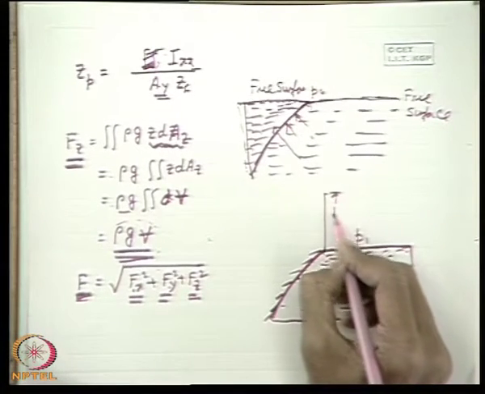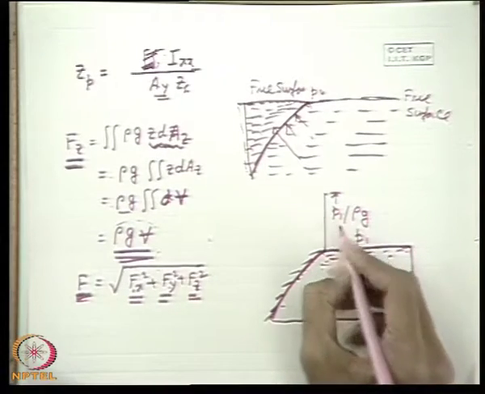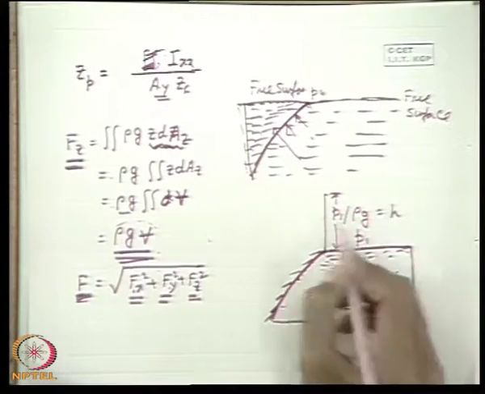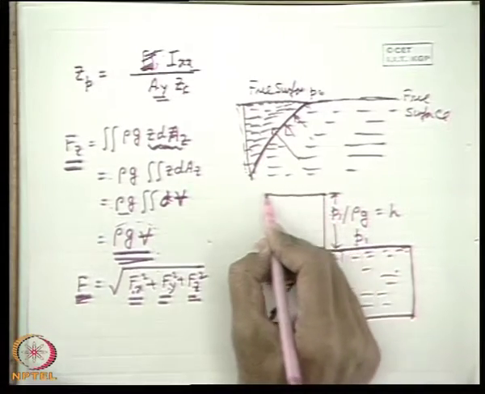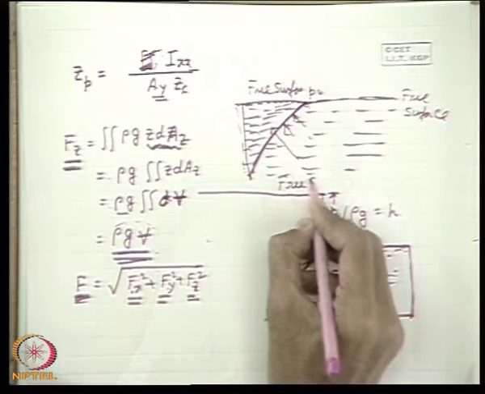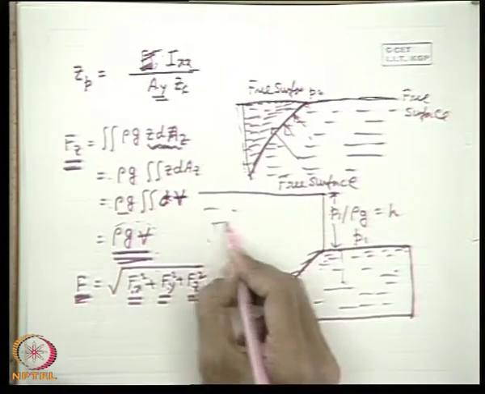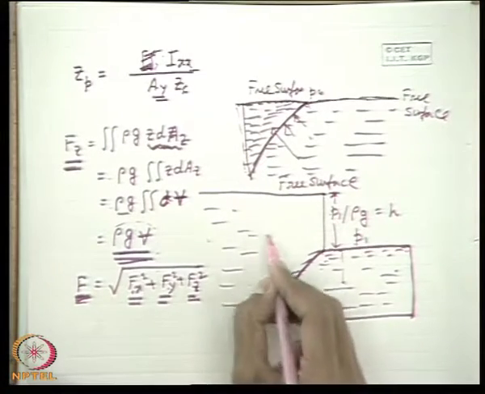It is very simple: H equals P1 by rho g. That means we create a height H equal to P1 by rho g and treat that as the free surface, as if this surface is immersed below it.